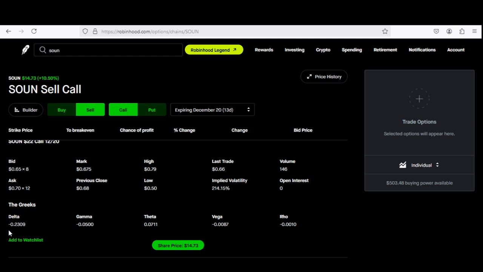Whenever you get a LEAPS option or a long call and you decide to sell covered calls against it, the rule of thumb is to make sure your delta is equal to 0.1. Now, 0.96 plus 0.1 is going to be about 1, or 100. But since I went out 2 weeks, I decided to go with 0.23.